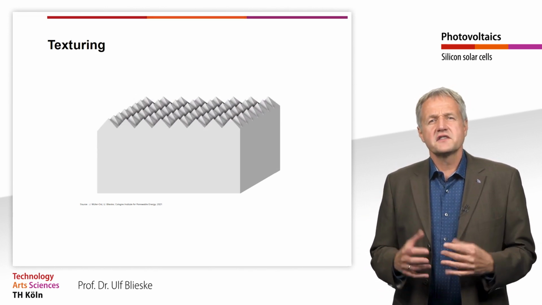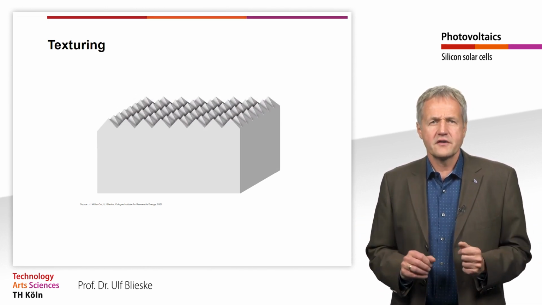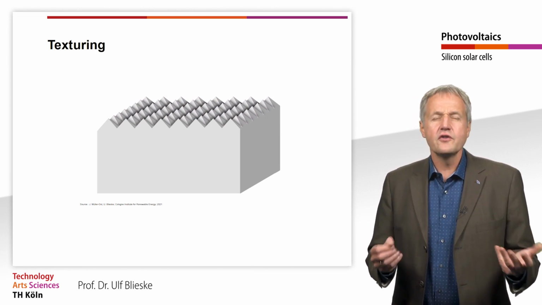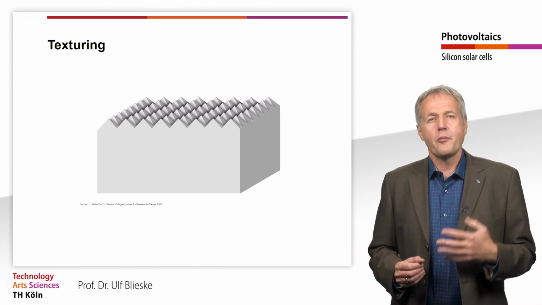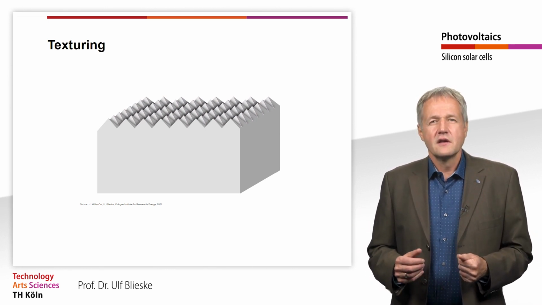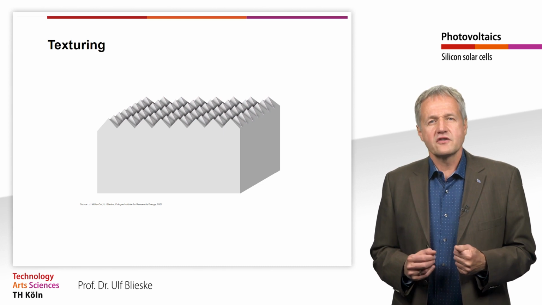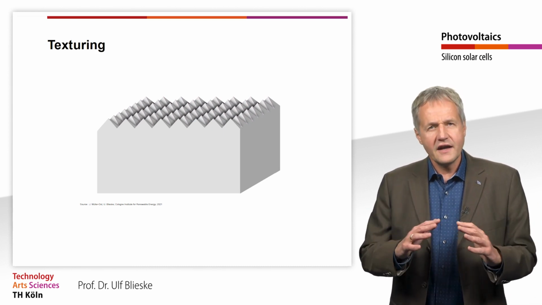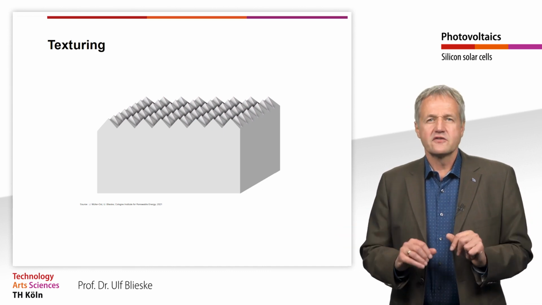Shown here is a texture of uniform pyramids. However, the pyramids only look so uniform if they were made in a laboratory. In industrially manufactured solar cells, the pyramids are usually of different sizes and randomly distributed.